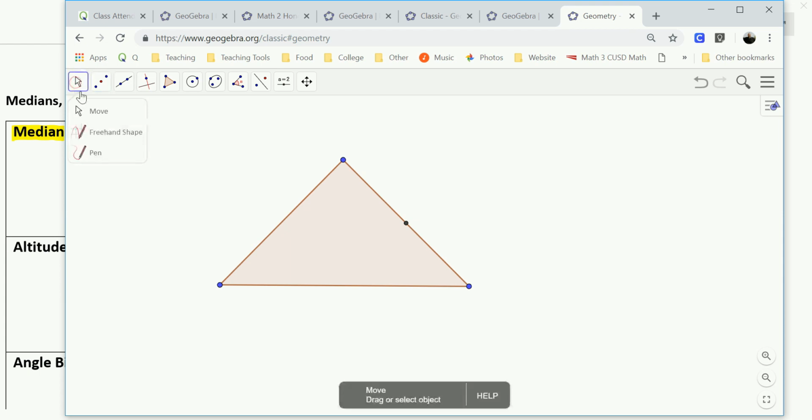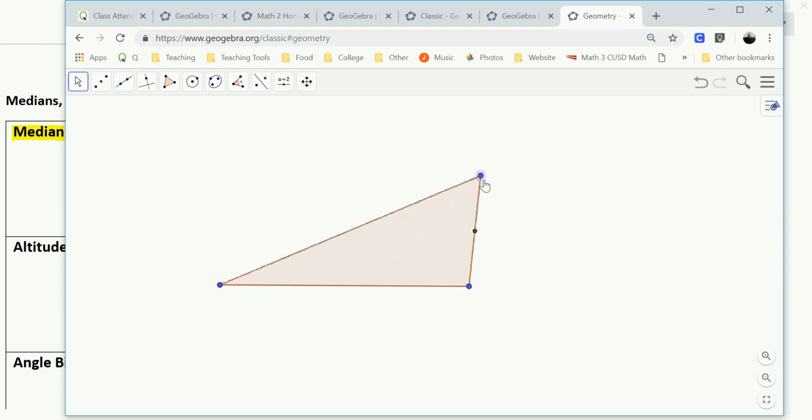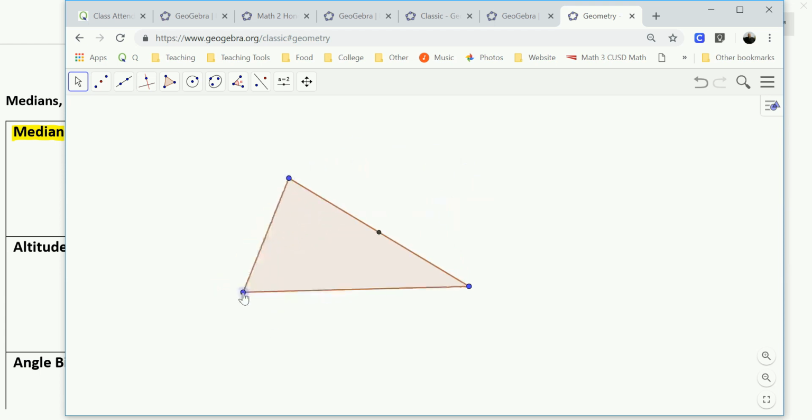And if I grab this arrow, I can move the triangle around. And no matter how I move that triangle around, it remains the midpoint. If I grab the midpoint and try to move it, it doesn't move because I defined it as a midpoint. It needs to stay right in between the other two vertices. Okay? And so then all I have to do to create my median is to grab a segment and connect a vertex to that.